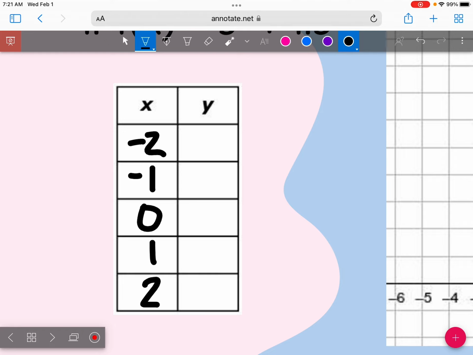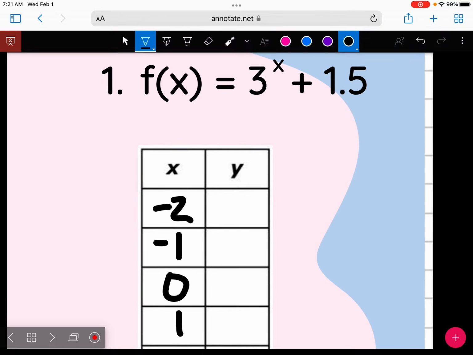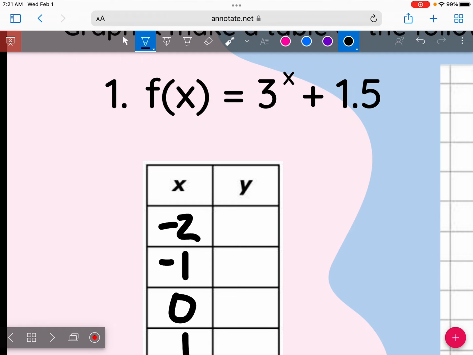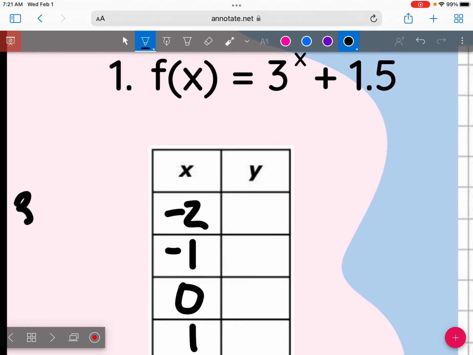All right, so if I plug in everyone got calculators for the most part, cool. If I plug in -2, I'm gonna get 3 to the -2 plus 1/2. What do we get? You plug it in your calculator.